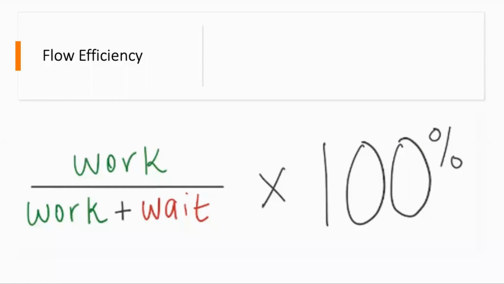I'm not saying that you can achieve 100% flow efficiency. It is practically impossible, because there will certainly be wait time in the system. But try to achieve as high a flow efficiency as you can, not at the cost of the people, but at the cost of moving the work in your system.